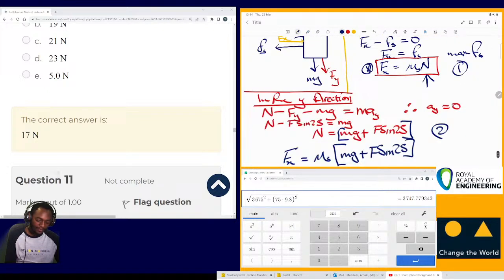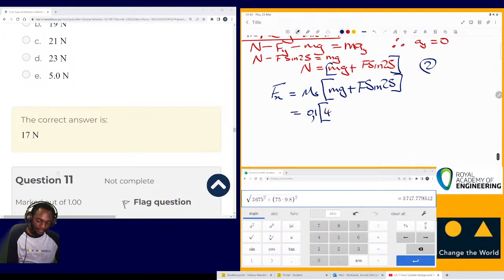It's 45, all right? So it's 45 bracket 9.8 plus, so actually this is just F now, plus F sine 25.